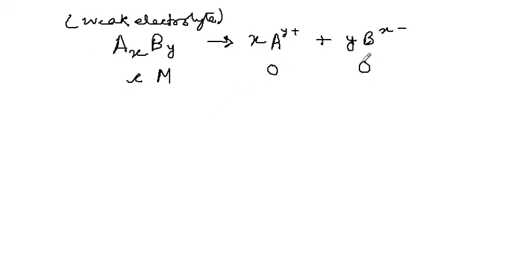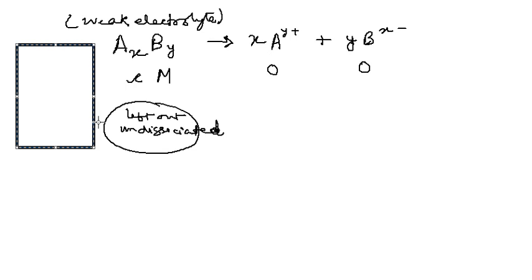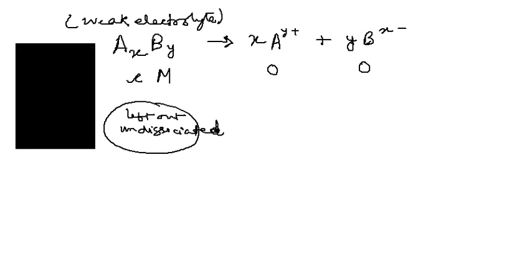So if it dissociates partially, some of the electrolyte will be left out undissociated. So what we understand is the degree of dissociation. If we just consider the degree of dissociation on the other side, let's take it as alpha.